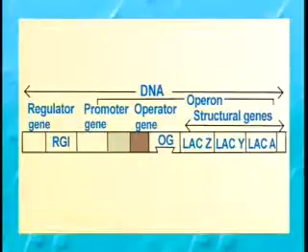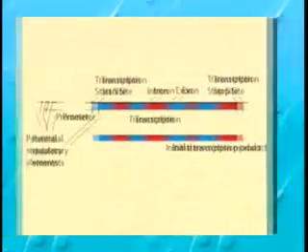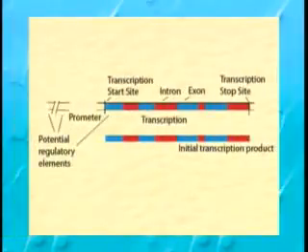A gene is made of two important regions: the regulatory region and the transcriptional unit. The regulatory region contains the sequences essential for the transcription of the gene but are not transcribed themselves, while the transcriptional unit is transcribed to form an RNA molecule.